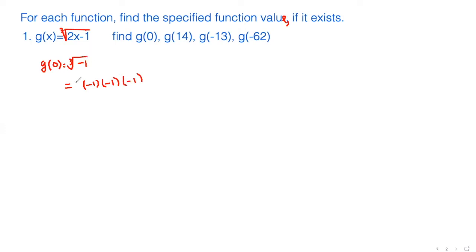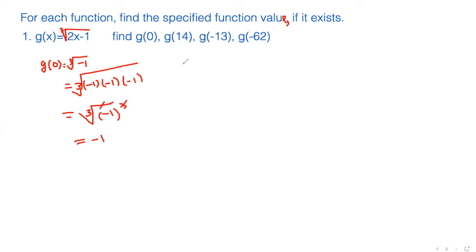So negative 1, if you multiply 3 times, then you get negative 1. Okay, so we have the cubic root of negative 1 raised to the power of 3. So this radical and 3 cancel, so the answer is minus 1.